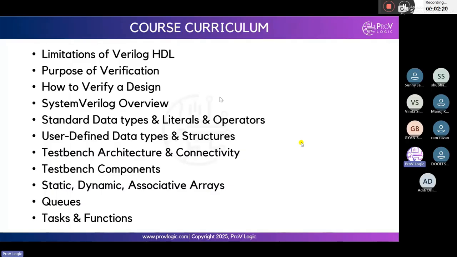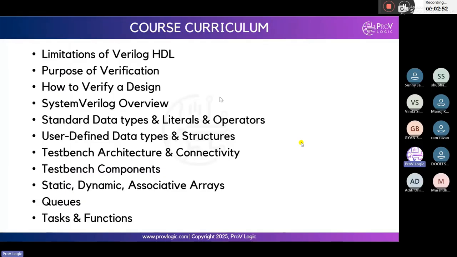So we will discuss the limitations and the purpose of verification. Today we are going to discuss the purpose of verification, how to verify a design, and the SystemVerilog overview, like how we have written the test bench in Verilog HDL and how we are going to write the test bench in SystemVerilog. And in the next session, we will start with the data types, arrays, operators, and the test bench components.